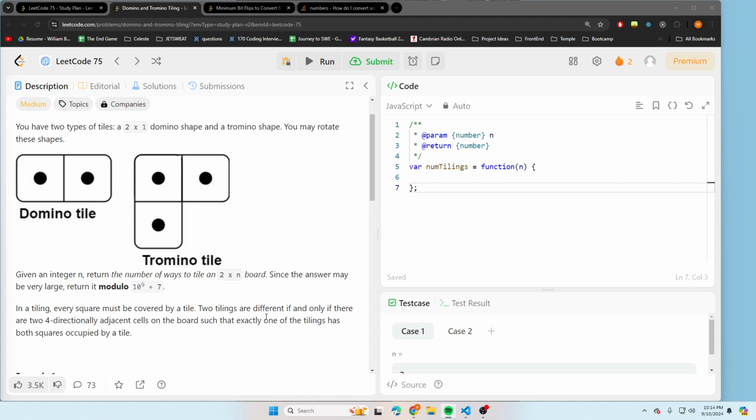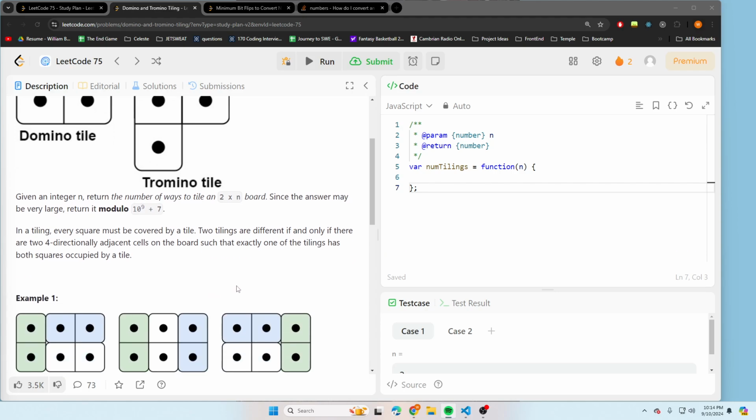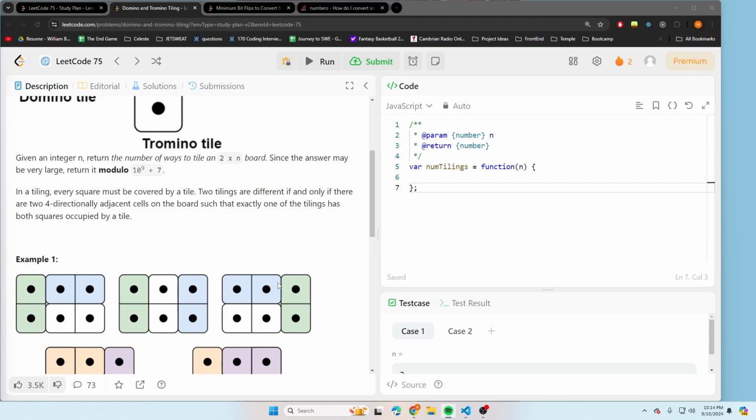Two tilings are different if and only if there are 2 four-directionally adjacent cells on the board such that exactly one of the tilings has both squares occupied by a tile.